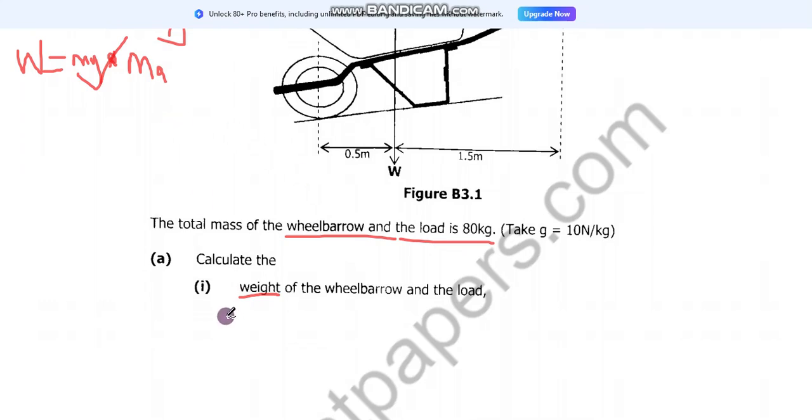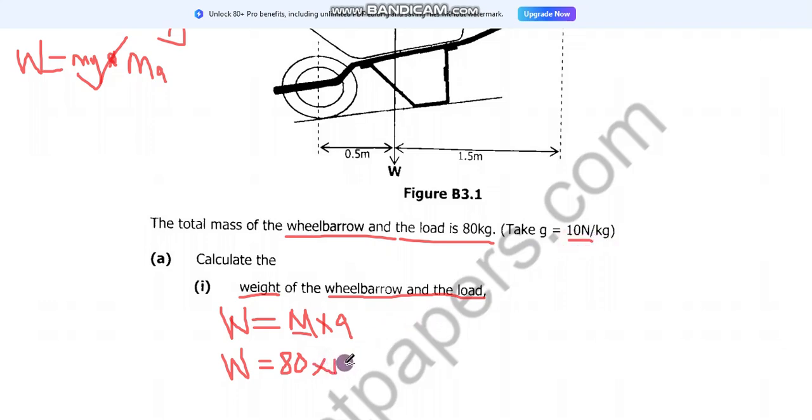We say, since now we know that weight must give us mass times acceleration due to gravity, what is the mass? The mass we have is 80 kg, which is the mass of the wheelbarrow and the load, and we are also calculating the weight of the wheelbarrow and the load. So weight is equal to the mass, which is 80, times acceleration due to gravity, which is 10 Newton per kg.